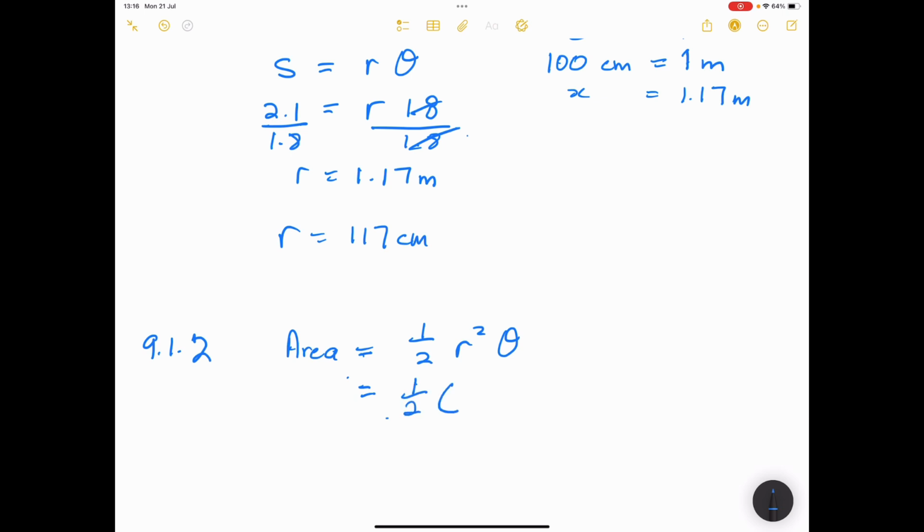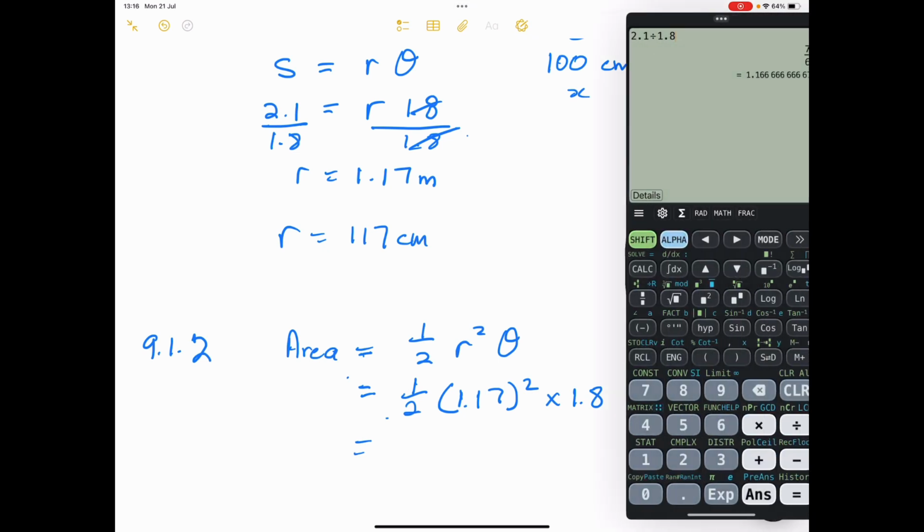Again we need to be very careful that when I give you that area, I must make sure that it's in meters squared. So I'm going to take my dimensions in meters. I'm going to go back to 1.17 squared multiplied by our central angle, 1.8.